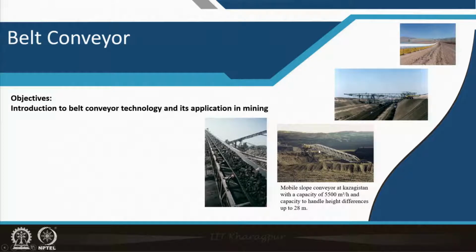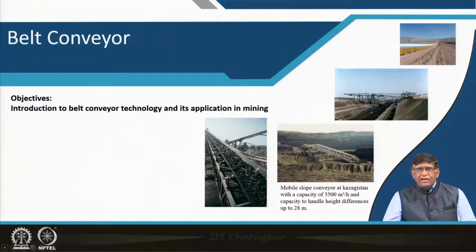This particular installation is in Kazakhstan. Another one you can see here is a system as a bridge. From this side the mining operation is carried out, and the overburden is spread across the pit somewhere here. So, this is a cross pit conveyor, that is, it works across the pit.